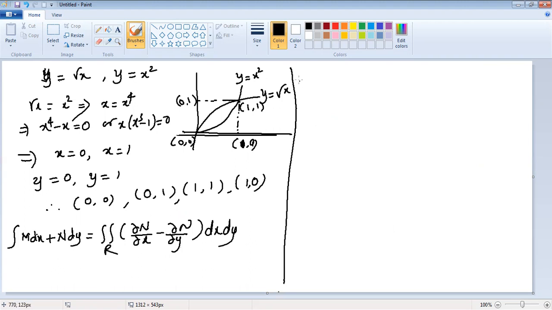So what is the LHS? That is the integral over C of M dx plus N dy.